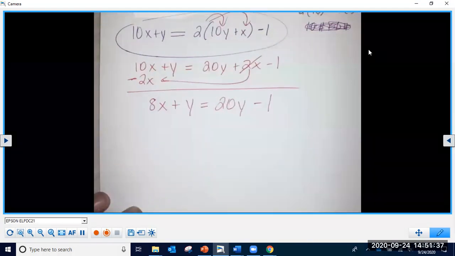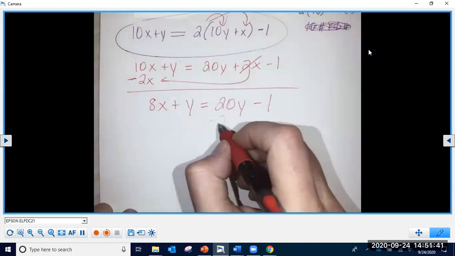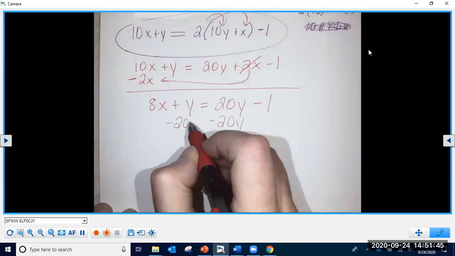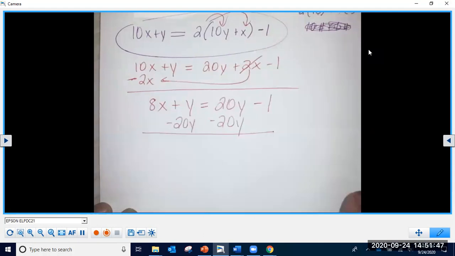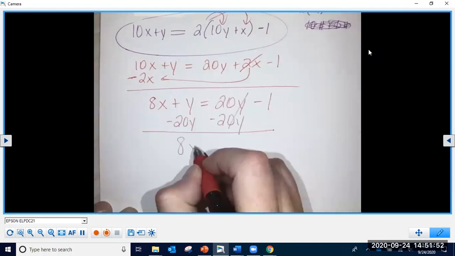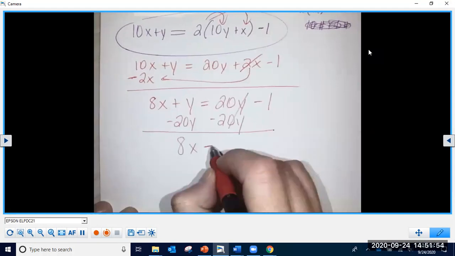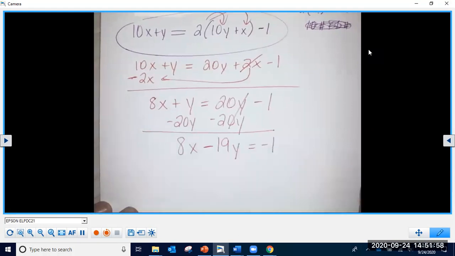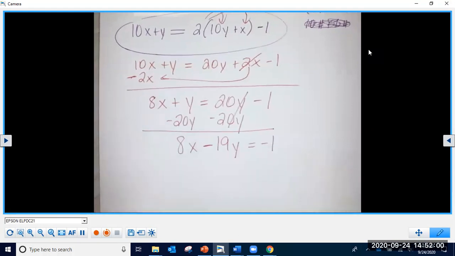And now let's get our y's together. And we have 8x minus 19y equals negative 1. So this is our other equation.